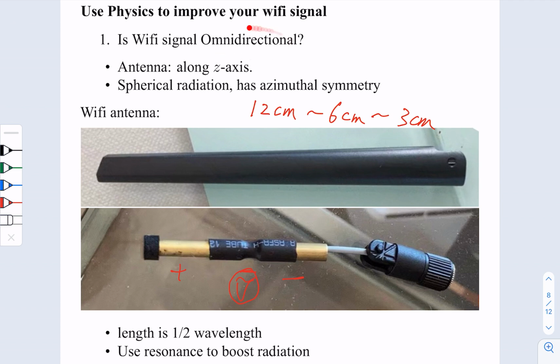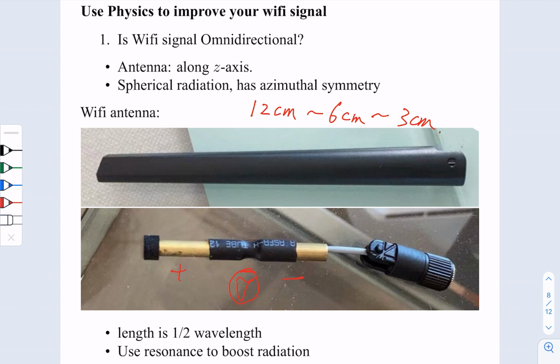Here, by omnidirectional, what I'm asking is about solid angle instead of 360 degree angle. It's 720 solid angles. Do you think they are the same? Will the Wi-Fi signal be the same or not?